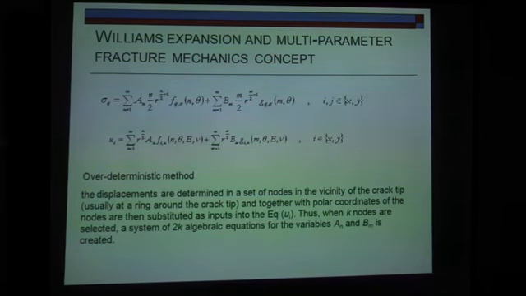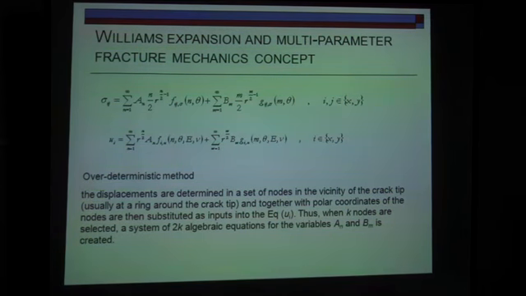Okay, for a short review, the Williams expansion and the multi-parameter fracture mechanics concept are shown. We can see the stress for mode 1 is the first member of the first equation. The second term is for mode 2. Therefore, there is the mixed mode of mode 1 and mode 2. And the second equation is for the displacement.